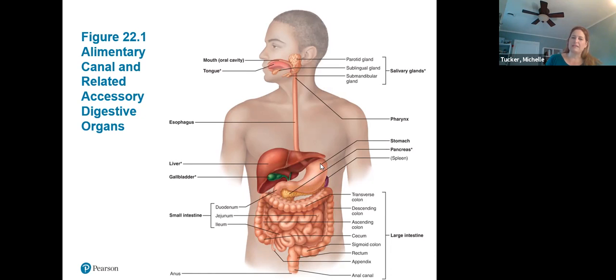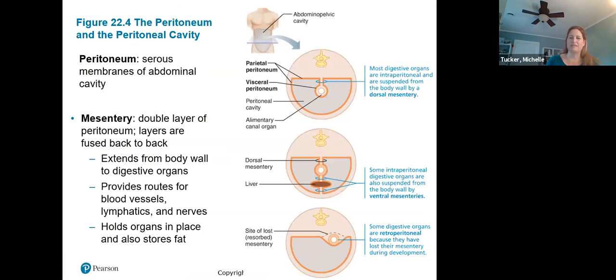The peritoneum produces a smooth surface with less friction for when things like the small intestine need to move, because as food moves through it, we need it to be able to slide around a little bit in that abdominal cavity.